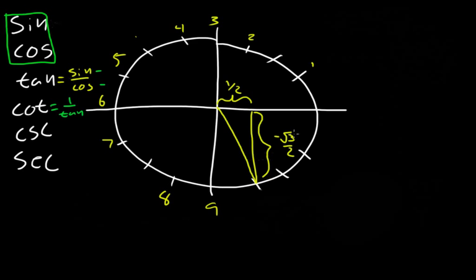Let's pick a teal. All right, so now let's use this coordinate here. Let's do 7 pi over 6, because we're just counting. 7 pi over 6.